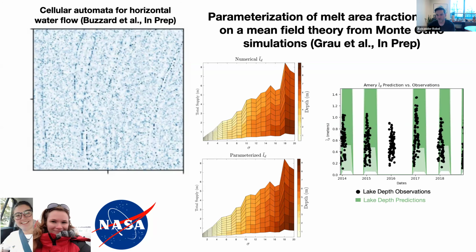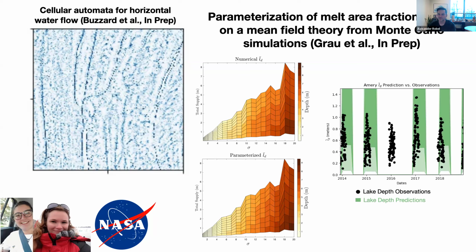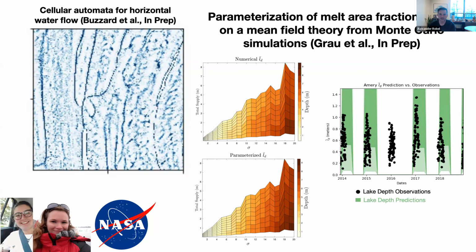So Danielle Grau, who's a grad student in my group, has been using some ideas from mean field theory for percolation models to develop a parameterization of melt pond depth and area on correlated random surfaces.